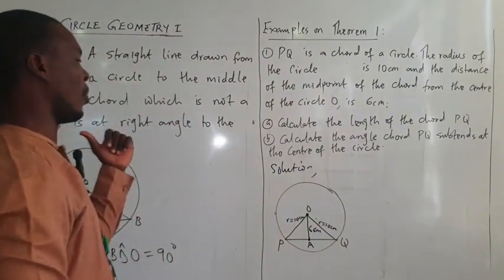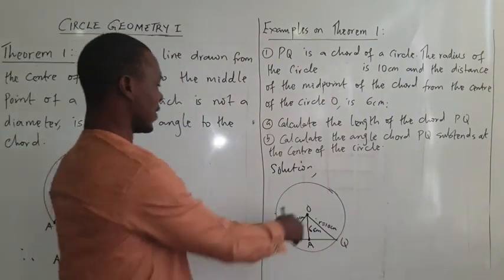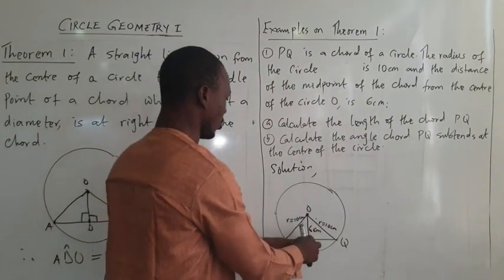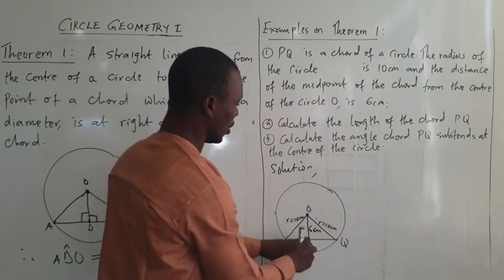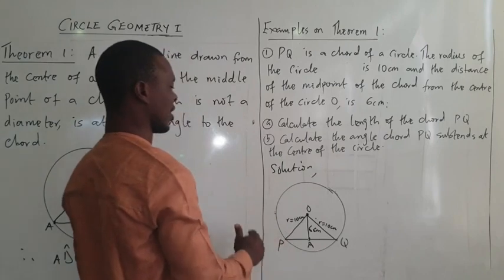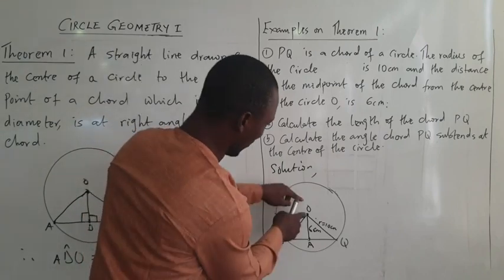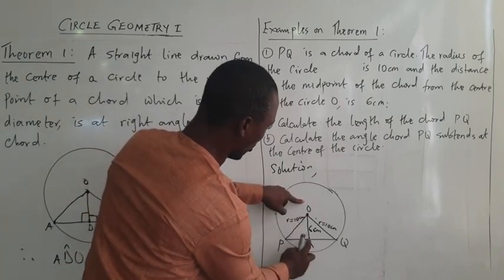But according to Theorem 1, a straight line drawn from the center of the circle to the middle point of the chord, which is not a diameter, is at right angle to the chord. It means we have a straight line from the center to the middle point of the chord.